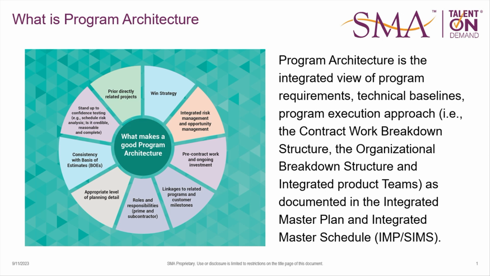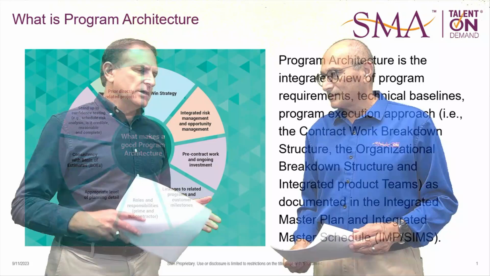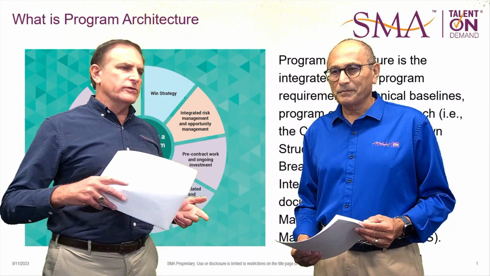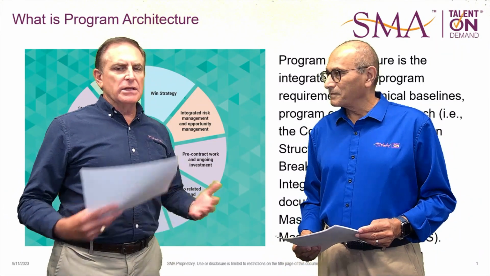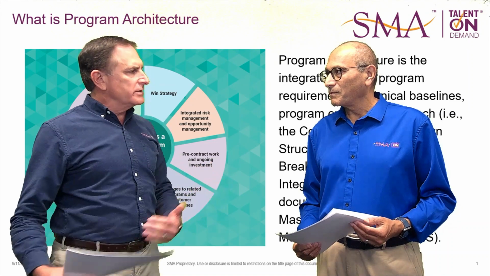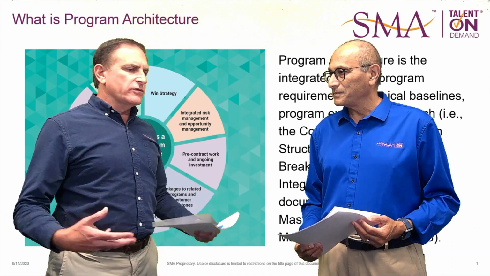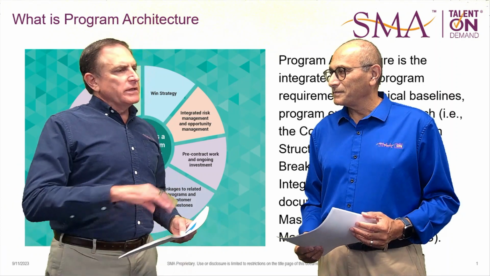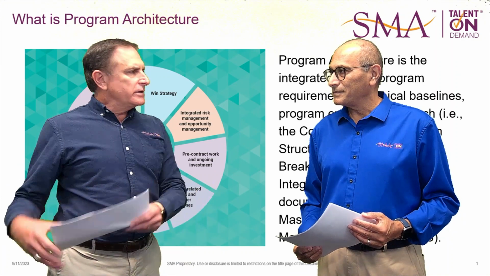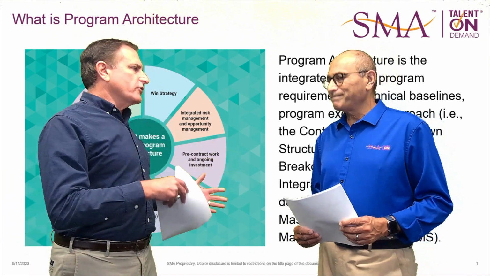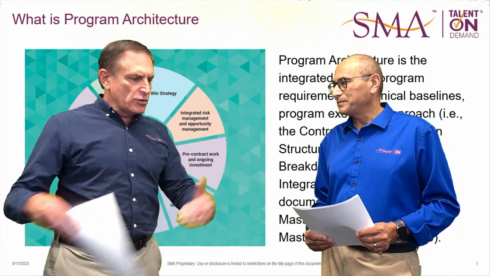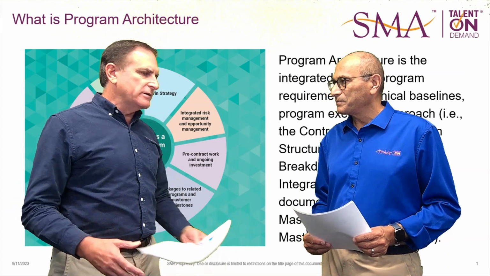So although this is defined as a wheel with program architecture in the middle, it's an integral part of the proposal process, and what it really does is it integrates the elements of the proposal, the win themes, the schedules, resources, costs, and as well as the technical attributes of what's going to be delivered, and it allows us to tell a story, but more importantly, it allows us to ensure that the story that we're telling in things like the IMS also flows through the entire proposal, and it's kind of that foundation.